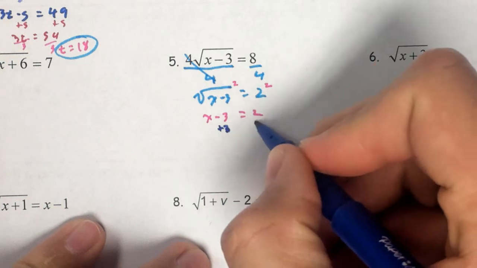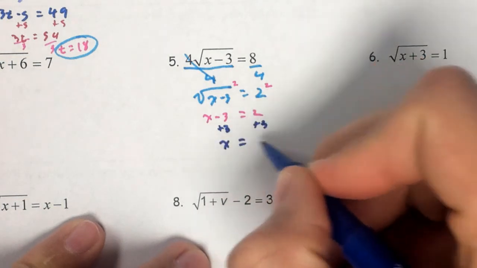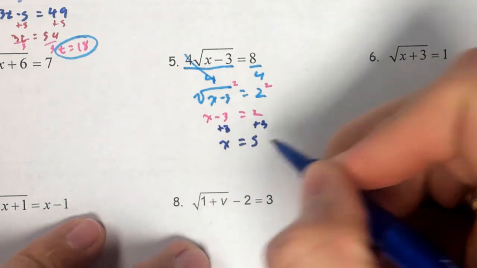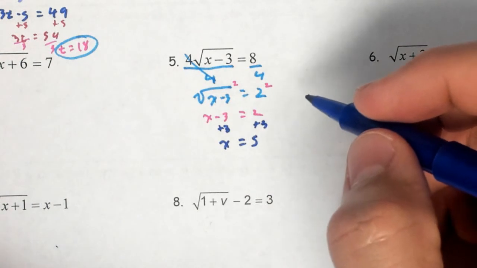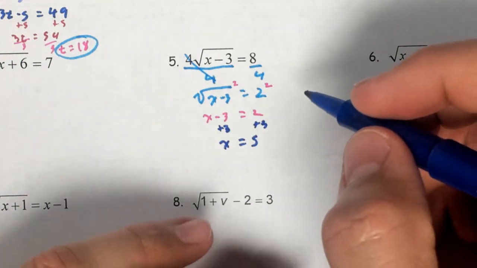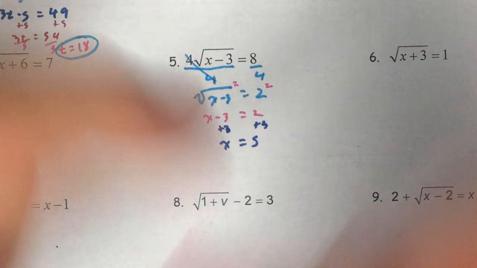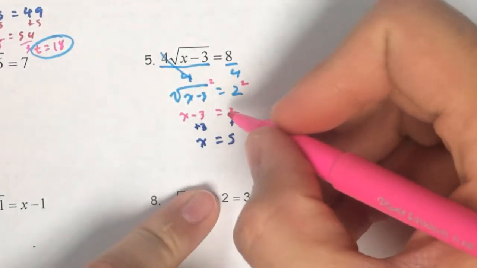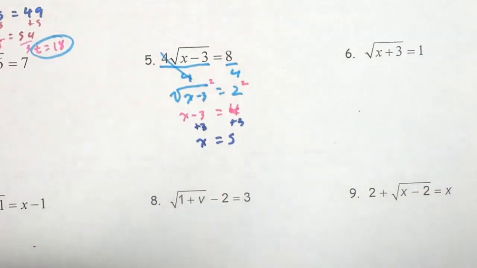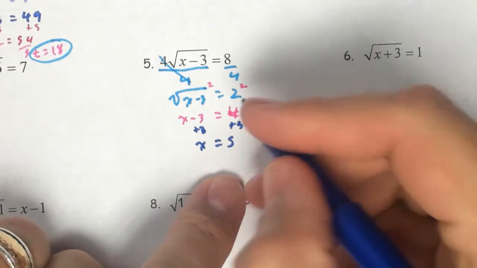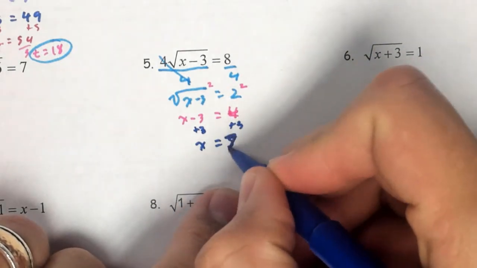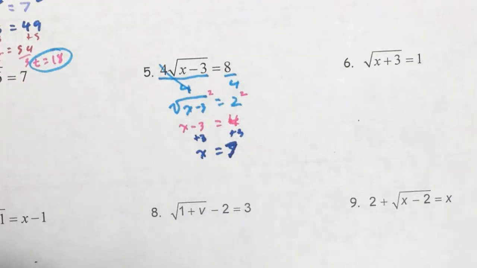One step. Oh, I'm sorry. The square of 2 is 4, which means that 4 plus 3 is 7. Sorry about that. So x is 7.